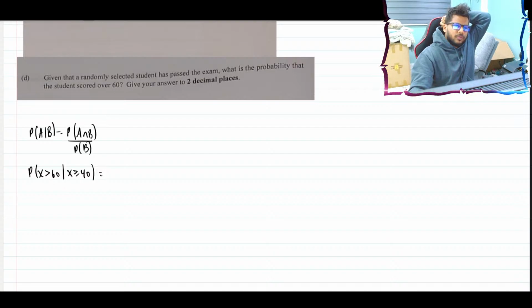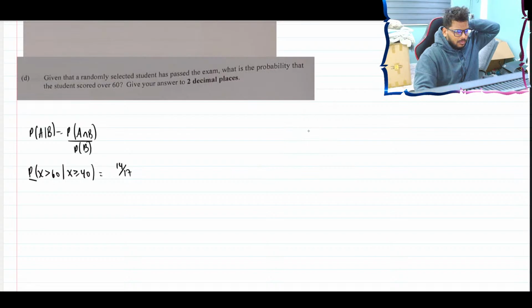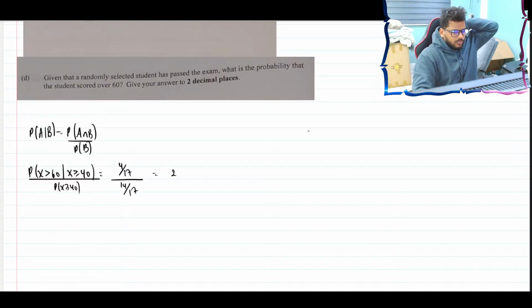That will be the 14 over 17 divided by the probability that a student scores over 40. No, 4 over 17, sorry. Divided by 14 over 17. That will be 2 over 7.